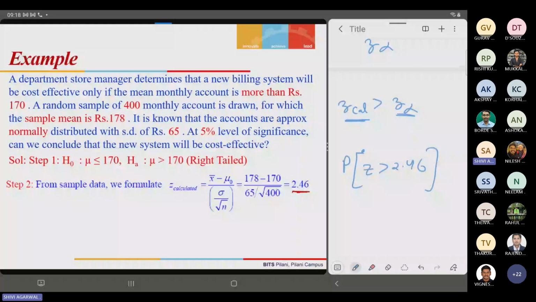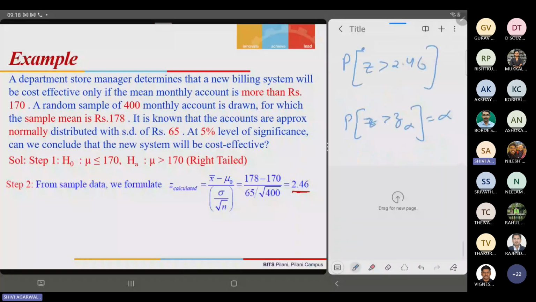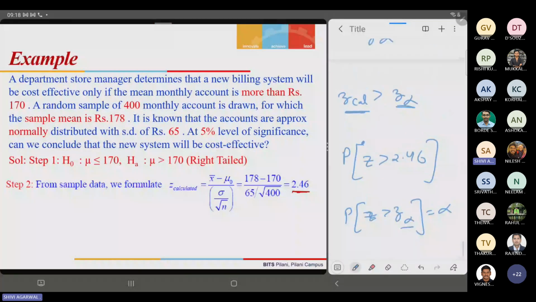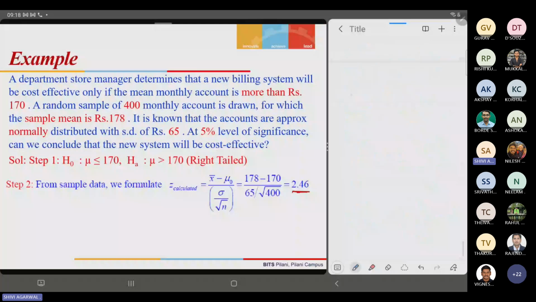We can find it by the definition: probability of Z greater than Z alpha is equal to alpha. So we have to calculate Z of 0.05. It means probability of Z greater than Z of 0.05 is equal to 0.05.